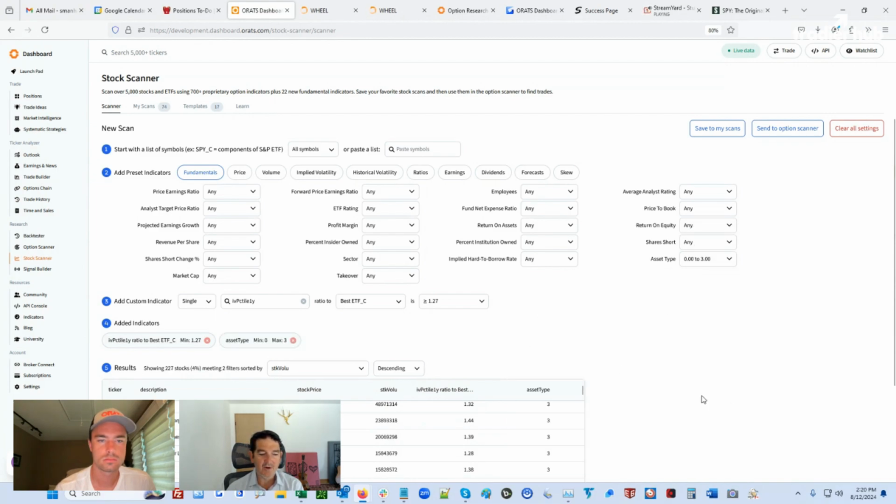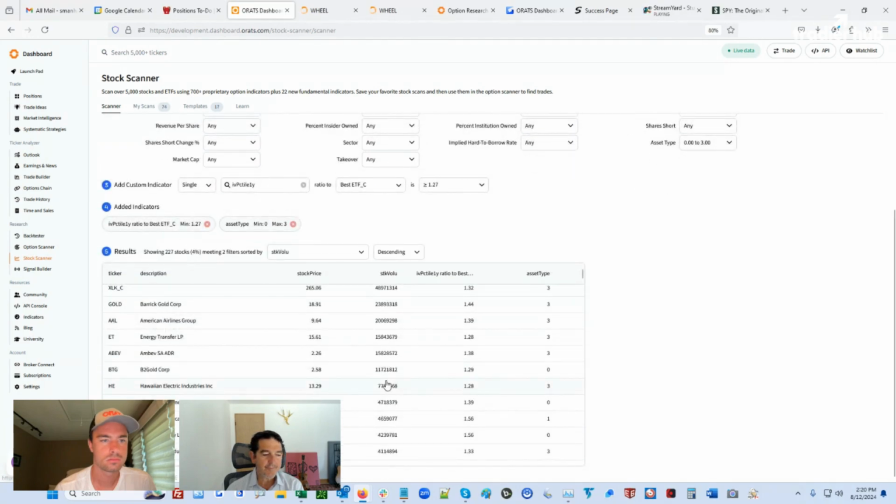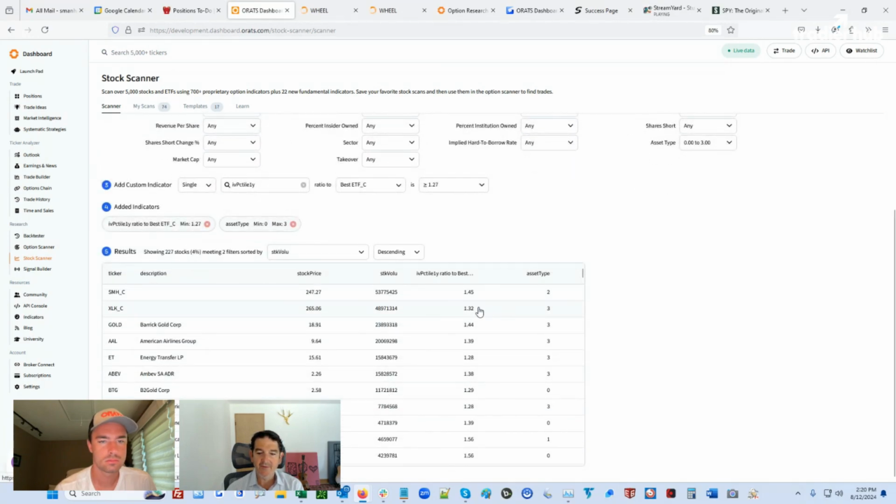So that will clear out those. And this is kind of interesting. The IV percentile ratio to the best ETF is high for some of these. Gold, American Airlines Group. So let's look at American Airlines. It's only a $9 stock. Well, that's really getting killed lately, huh?